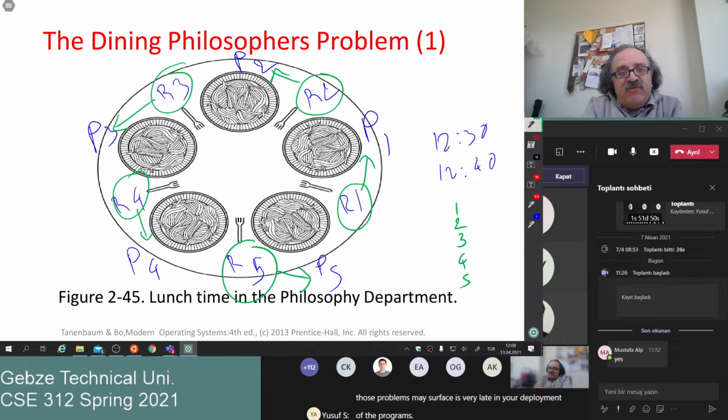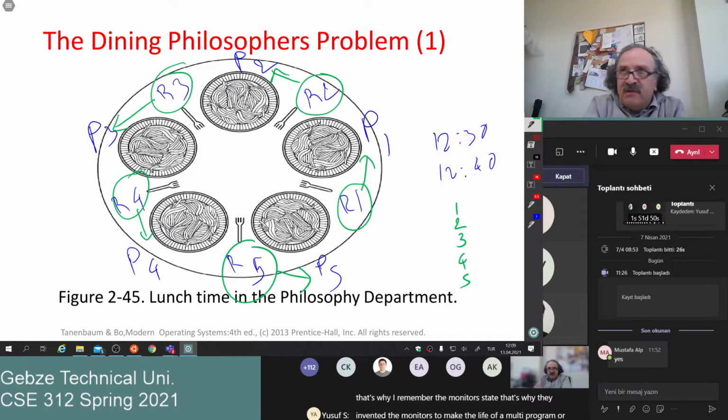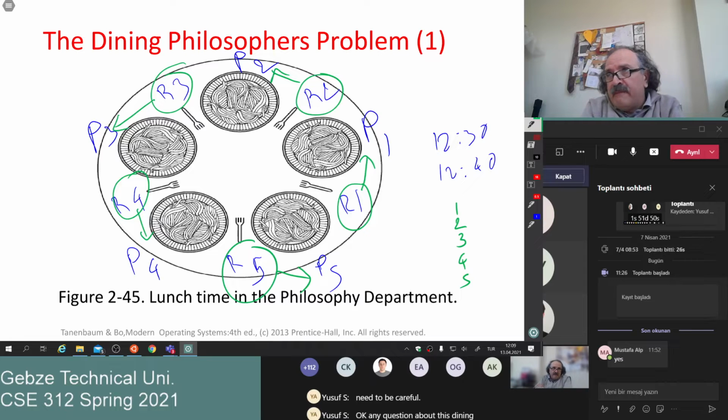And that's the life of a parallel programmer, actually. That's why, remember the monitors? That's why they invented the monitors, to make the life of a multi-programmer easier, but that doesn't solve everything. You need to be careful. Okay, any question about this dining philosophers problem?